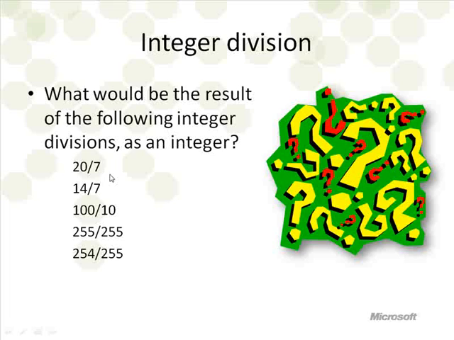14 divided by 7, that's 2 as well. So we've lost a lot of stuff today. 100 divided by 10, well, 10 goes into 100 10 times. 255 divided by 255, that's 1. 254 divided by 255 is 0, remainder 254.